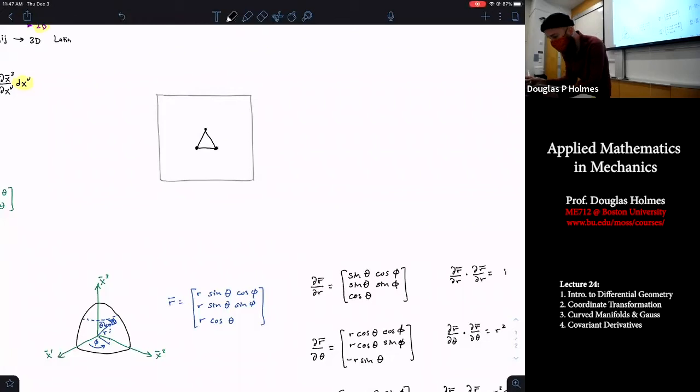So if I take my angles, I'll call them alpha, beta, gamma. So we know that alpha plus beta plus gamma equals pi.